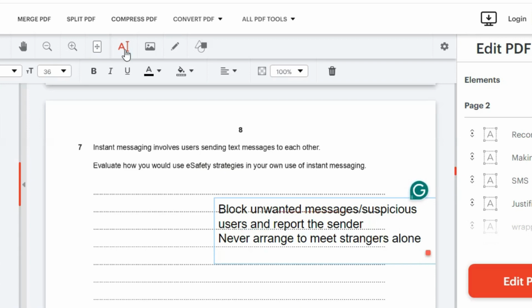Another one is report abusive messages from a sender of the messages.